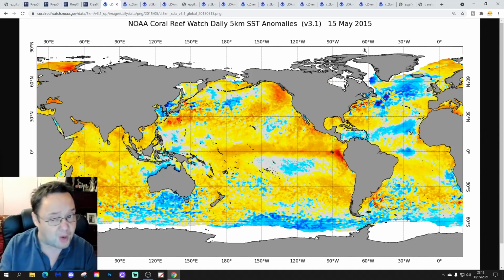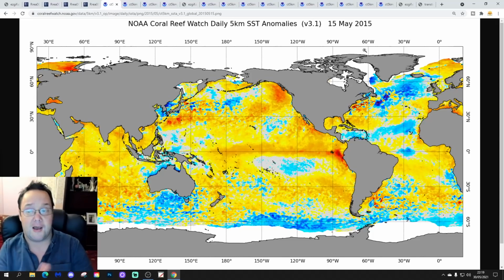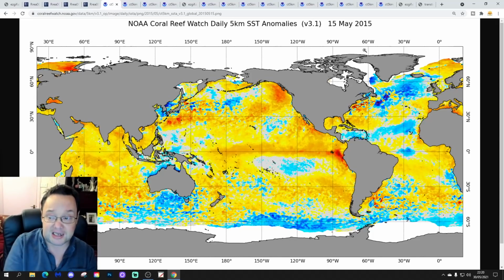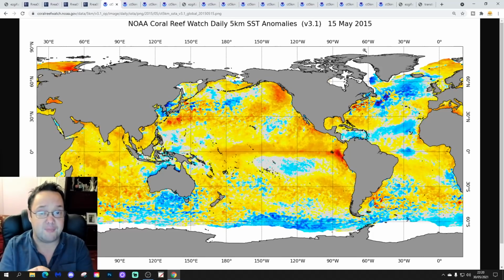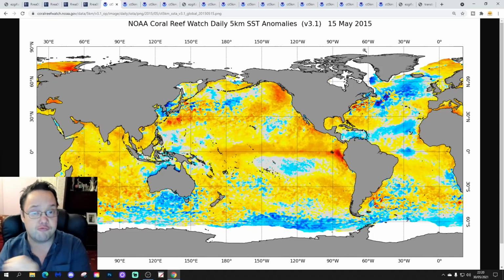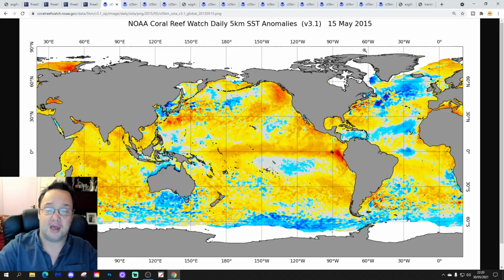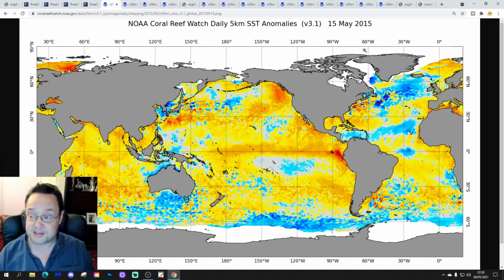That's the theory. It doesn't always work out. Sometimes sea surface temperature anomalies that you get in May do not reoccur in the winter, but the theory is that anomalies that you get in the month of May should re-establish into the winter.